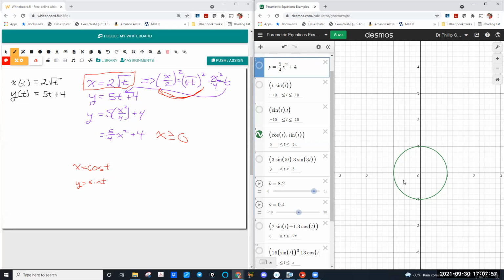The way I always like to explain it is, functions are great. The nice thing about functions is every input has a unique output, and we're guaranteed that. The downside is because of that requirement, we're restricted to graphs that must pass the vertical line test. Well, what if we want to graph a circle? There's going to be a lot of things that we want to plot that are not going to pass the vertical line test.